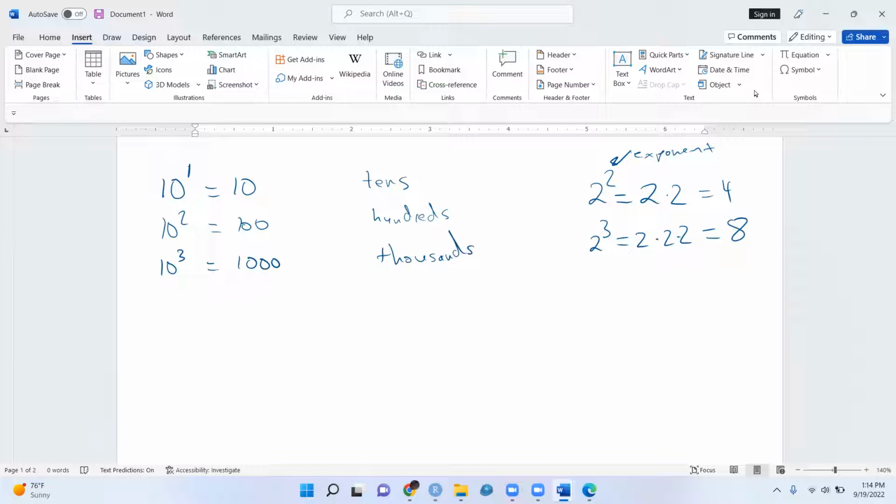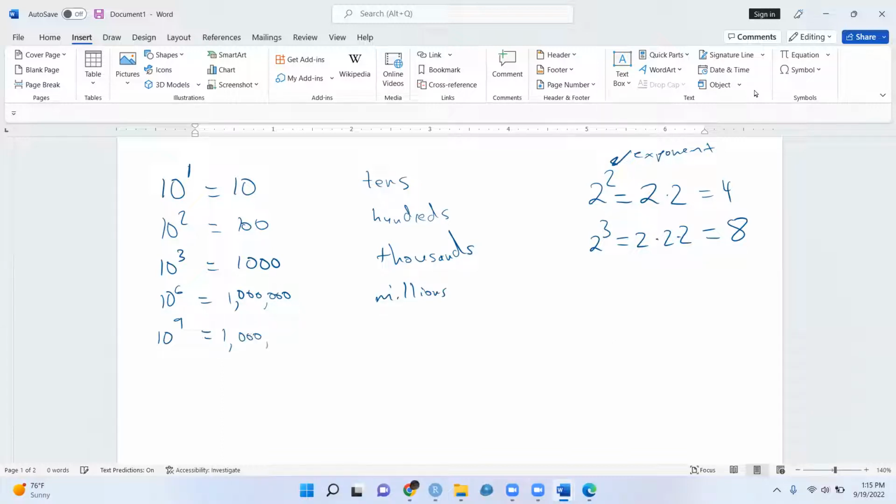And then we often skip to 10 to the 6th power. So that means we're multiplying 10 times itself 6 times, and it's going to have 6 zeros after it. And this happens to be millions. And then the next common one is 10 to the 9th.